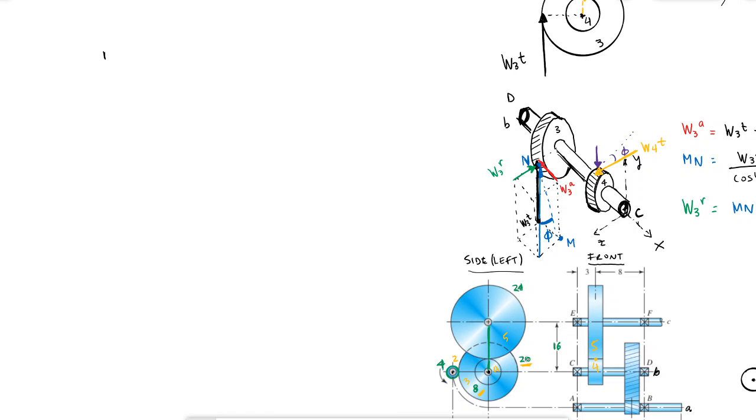Okay, so if I'm looking at this being X, this being Y, I'm gonna have some forces coming. It's like looking at this 3D drawing from the positive Z axis. Okay, so from the positive Z axis, I would see that this is D, that this is C, and that there are some forces at gear 3 and gear 4 locations.